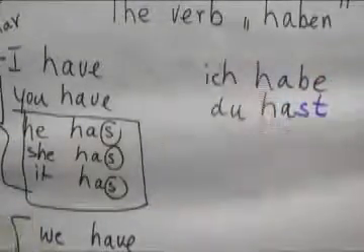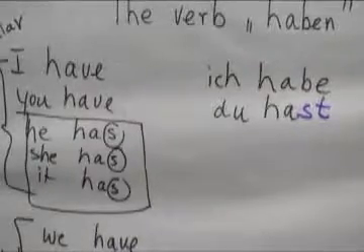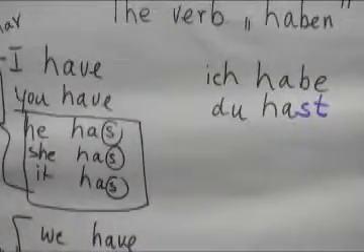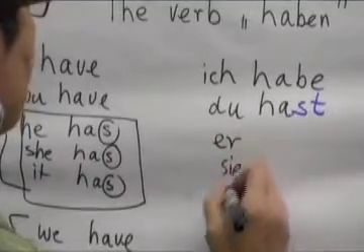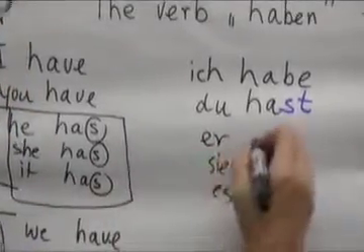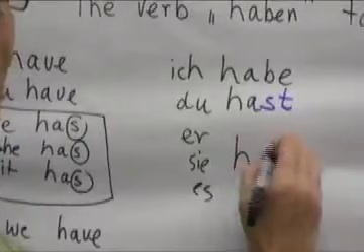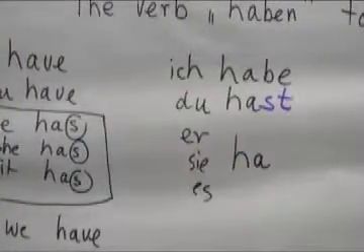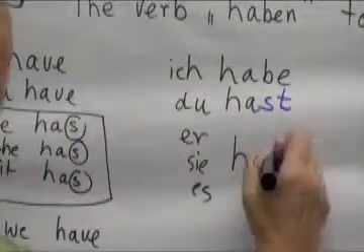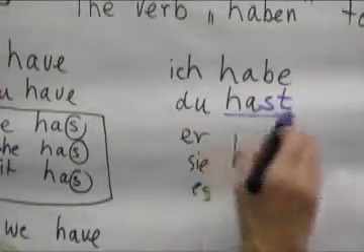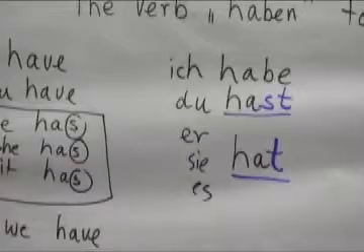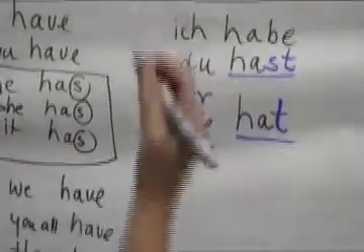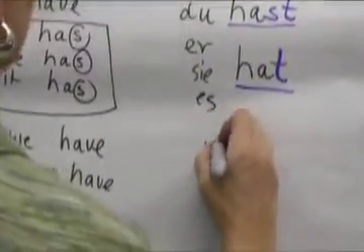Du hast. You see that? Then, when we say he has or she has, es, then we say hat. So it is slightly irregular. Okay? Du and er, sie, es are irregular. When we go to the plural, then it goes back to the regular form.